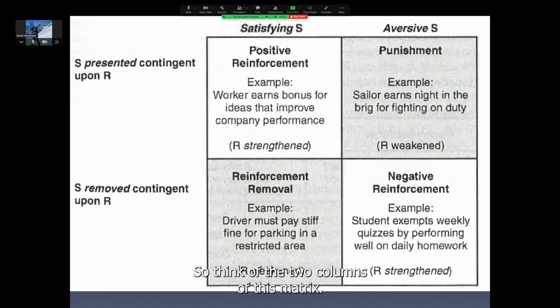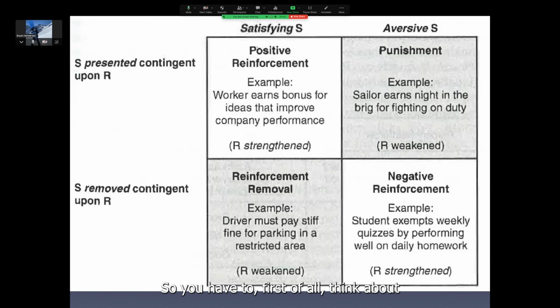So think of the two columns of this matrix. The first column is if what the environment presents you is something you want, such as in the case of the pigeon, food. However, it's also possible for the environment to present something that you don't want. Say, with Albert, this loud sound that he found unpleasant.